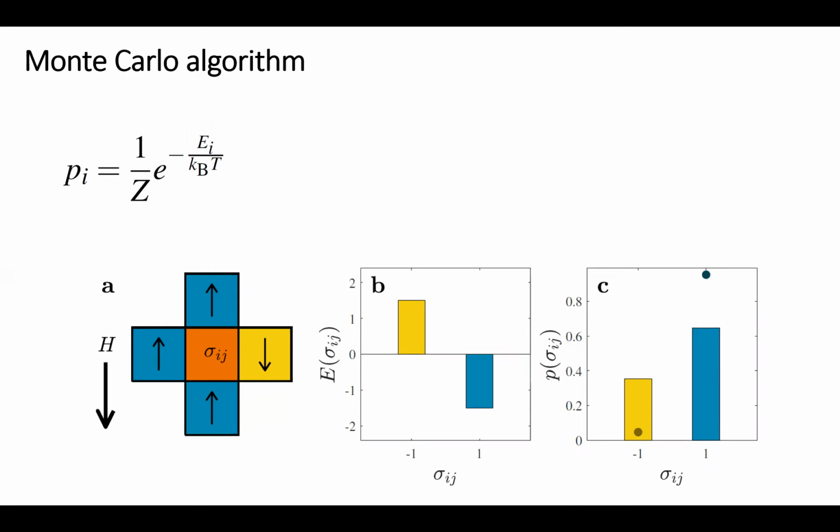But here we only consider one dimension, so it's either directed up or down. We are simplifying the problem first, and we assume that they interact with a very simple equation. The energy of this system is, let's see.